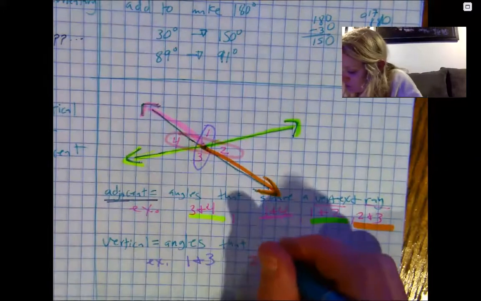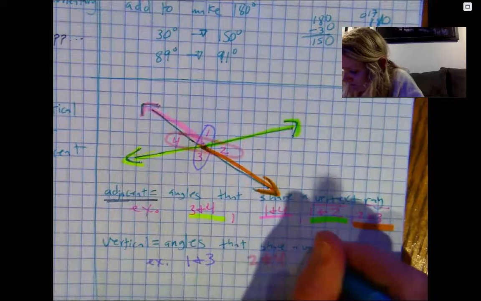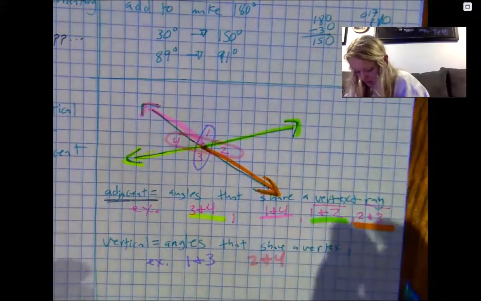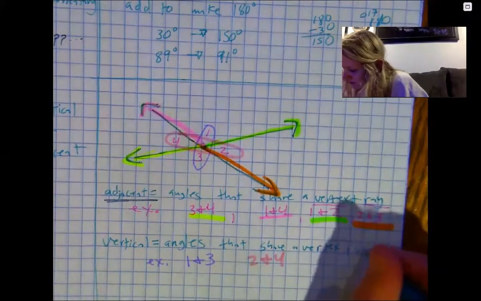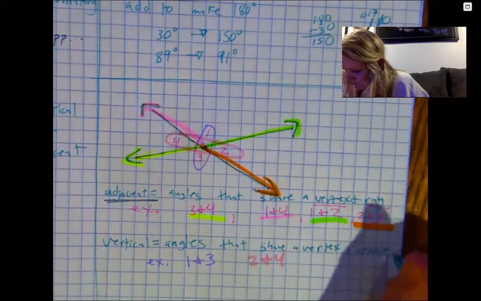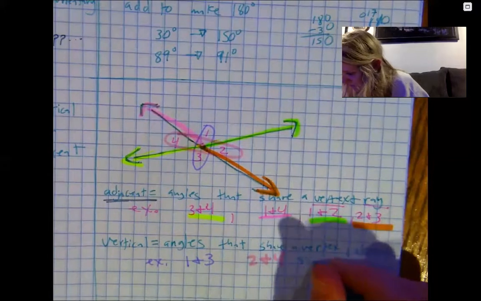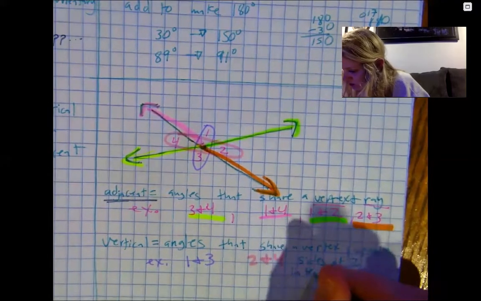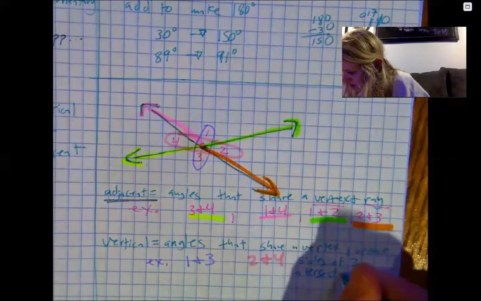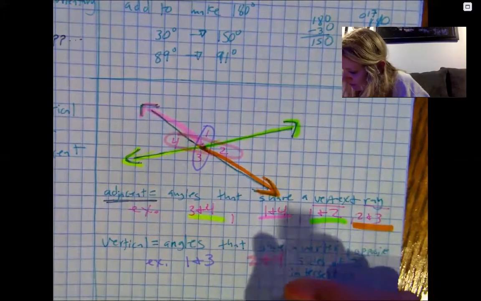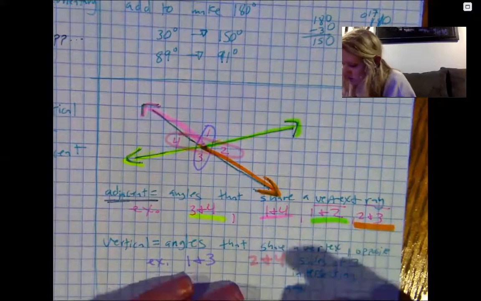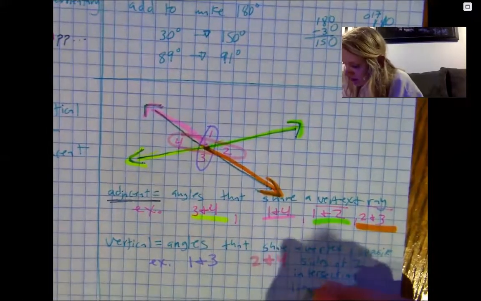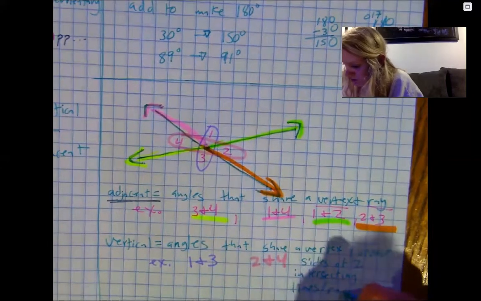Angles that share a vertex, but are on opposite sides of two intersecting lines. Intersecting angles, or I'm sorry, two intersecting lines or rays.